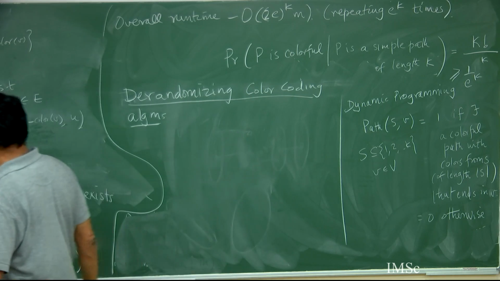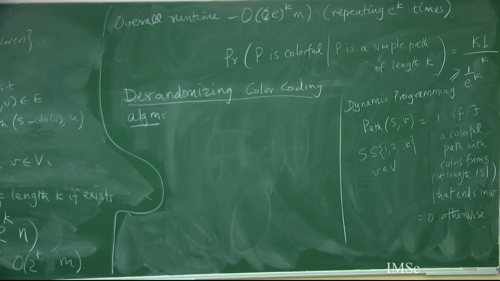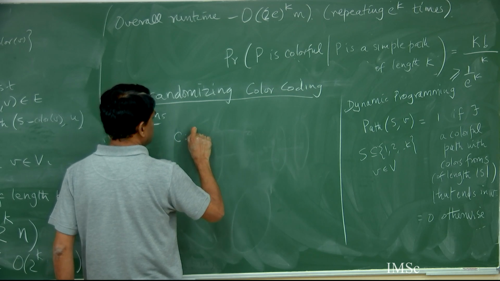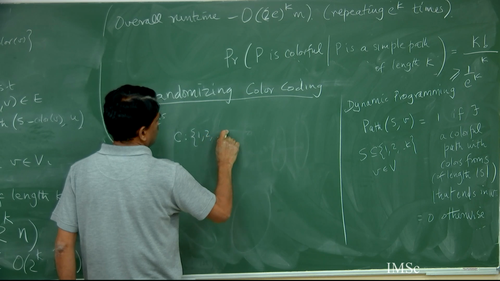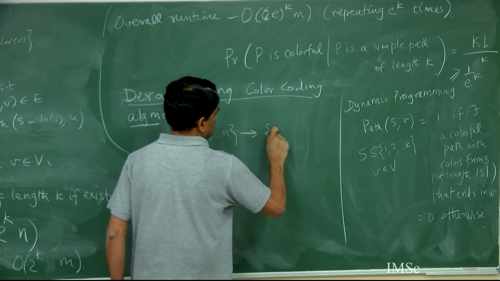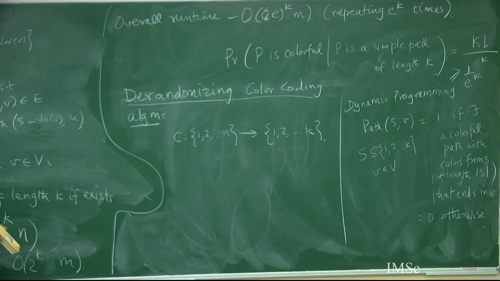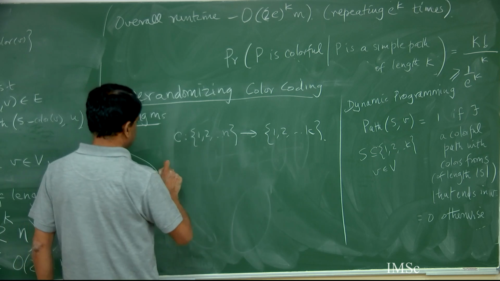So instead of random coloring, we are going to give some fixed set of colorings and try them. But what property do I want on this fixed set of colorings? The coloring itself is basically a function. For every vertex it gives some color between 1 and k, and we uniformly at random gave this color, but instead I am going to try a family of colorings.